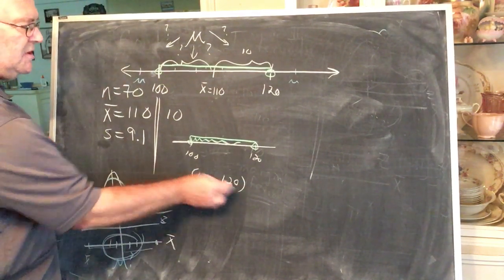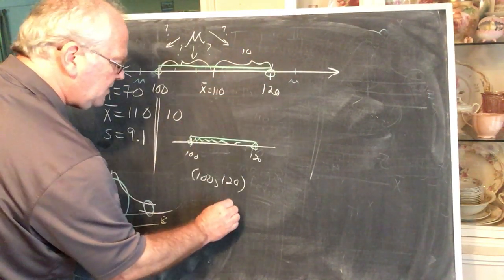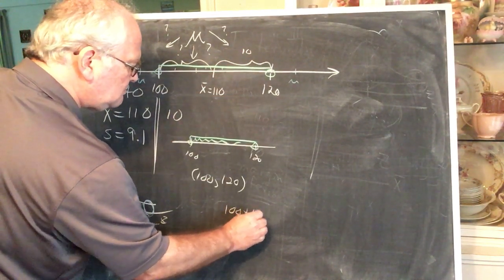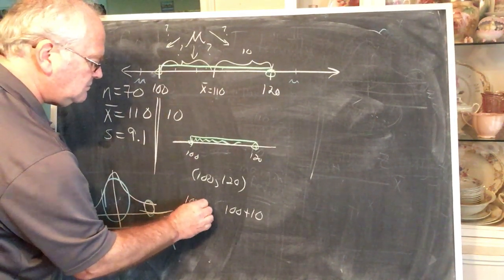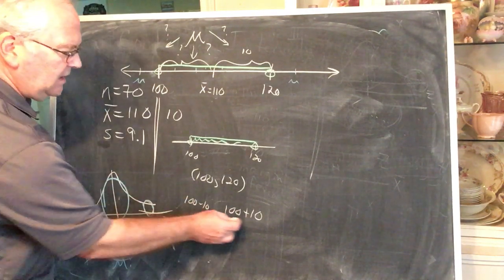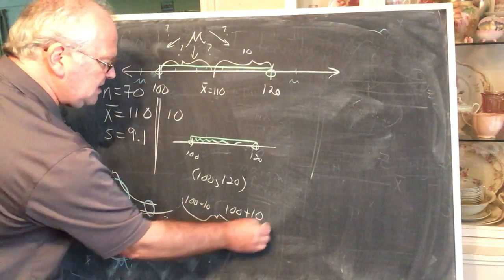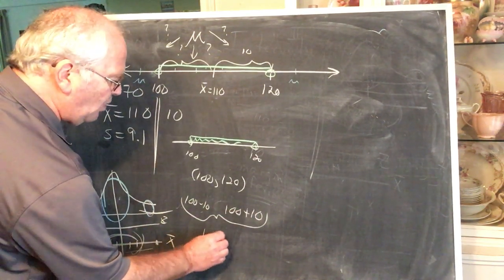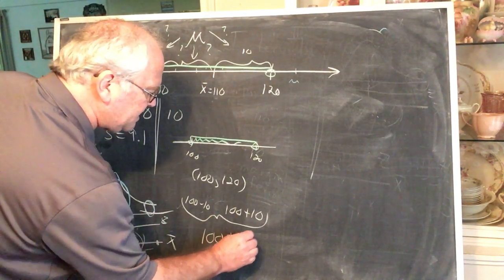Now, where did these numbers come from? I took 100, added the 10, and then I took 100, subtracted the 10. Now, you can make this a little more concise. We could combine these into one statement and say 100, and this is the key notion, plus or minus 10.